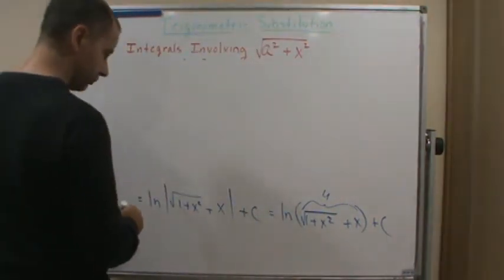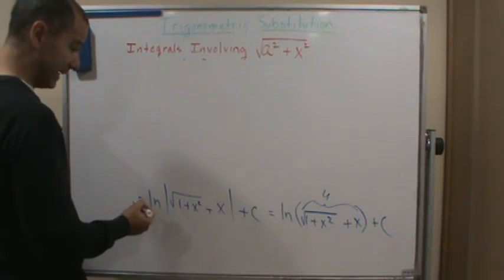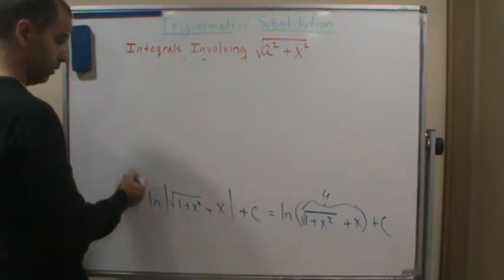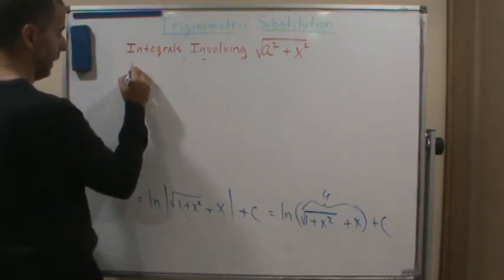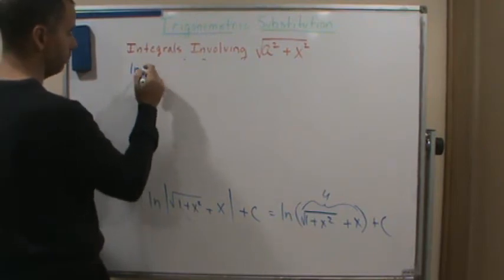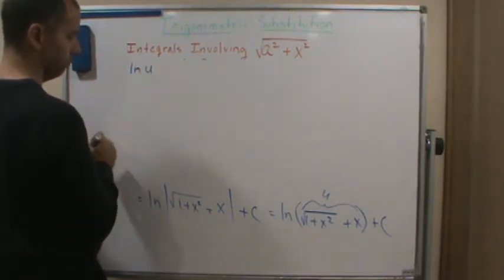And so, in this case here, we get the natural log of u, right?